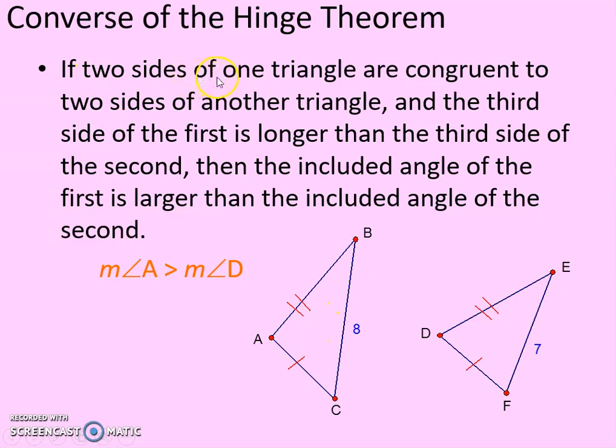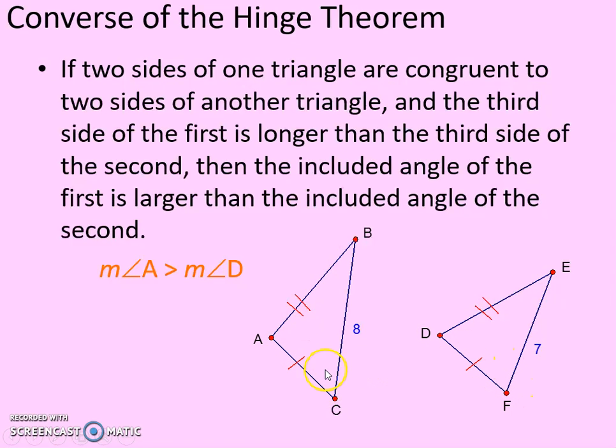Two sides of one triangle are congruent to the two sides of another triangle. Then if the third side of the first is longer, then the included angle of the first is larger than the included angle of the second. So right here, you see AB is congruent to DE. This side is congruent to this.